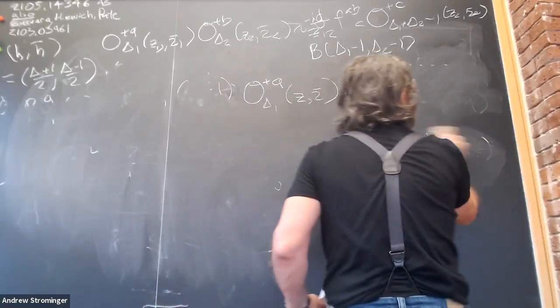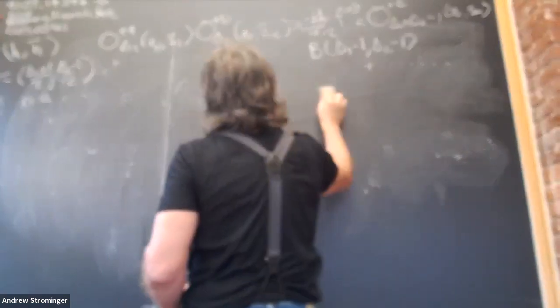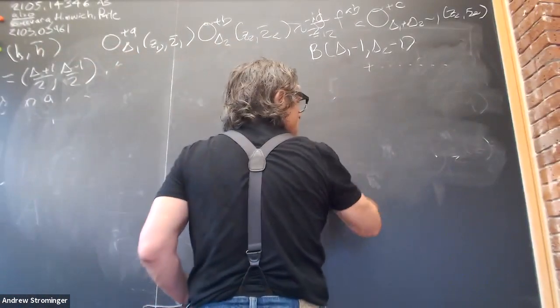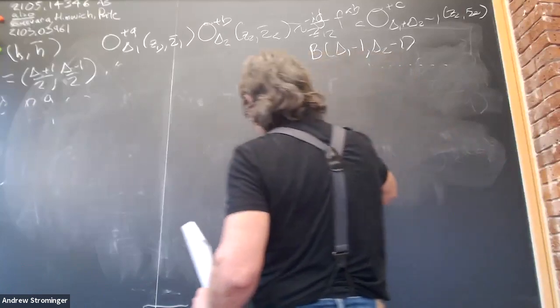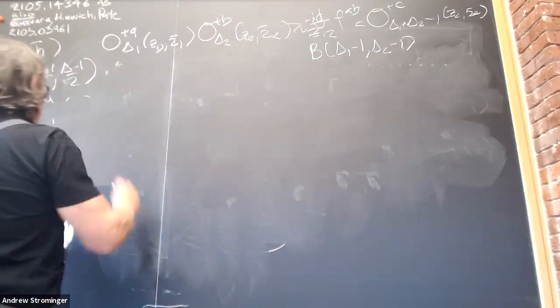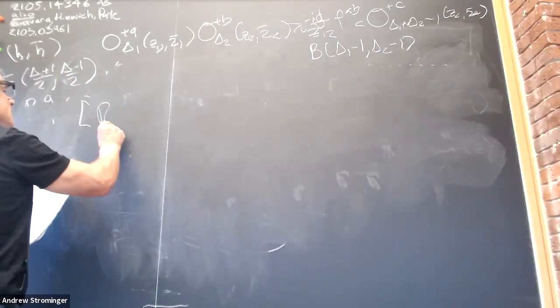And the formula that you get for the infinite tower of soft currents, each in a finite SL2R left multiplet, obeys 2D commutators.